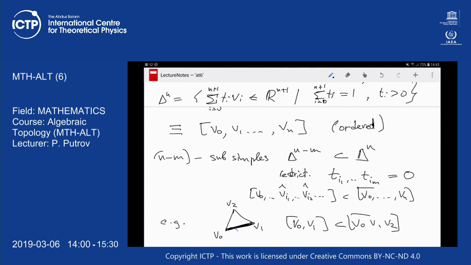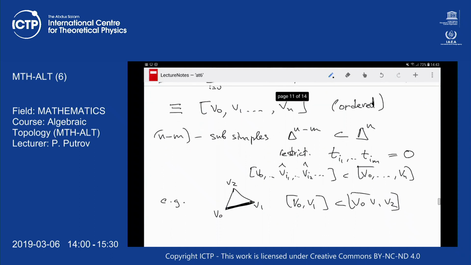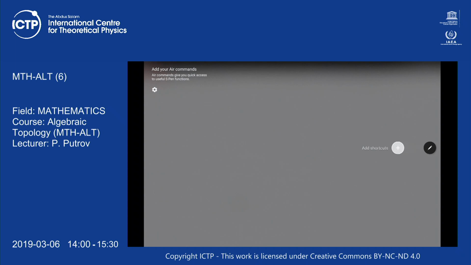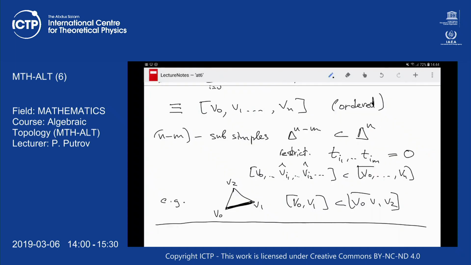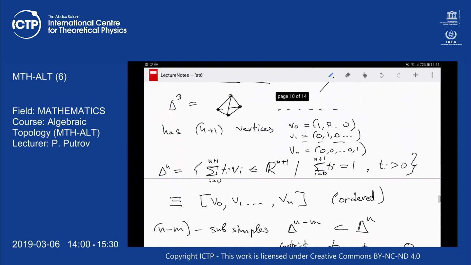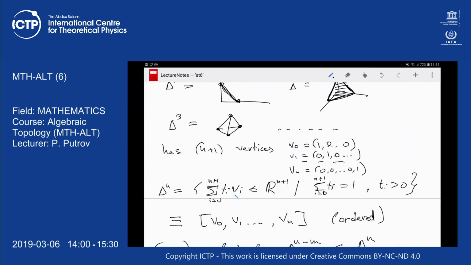So the one-dimensional simplices are just intervals. If you remember the definition of the convex hull, this is a convex hull of vertices vi.